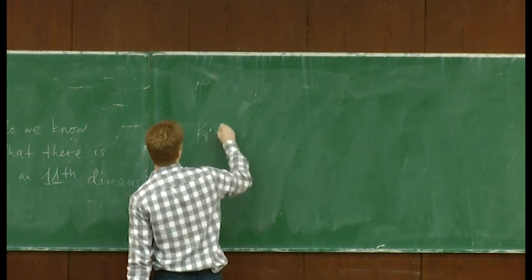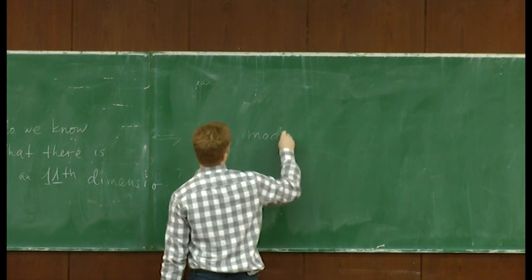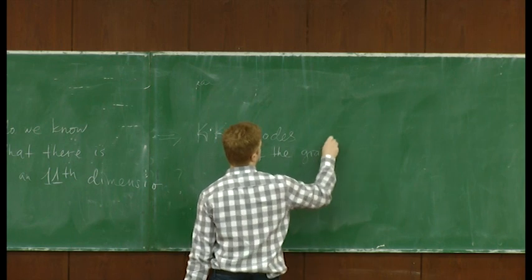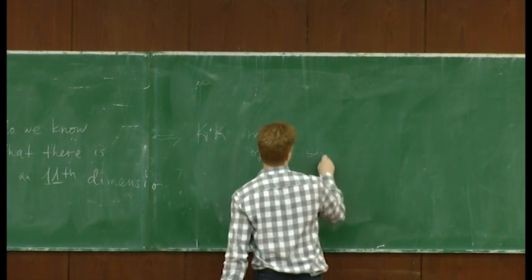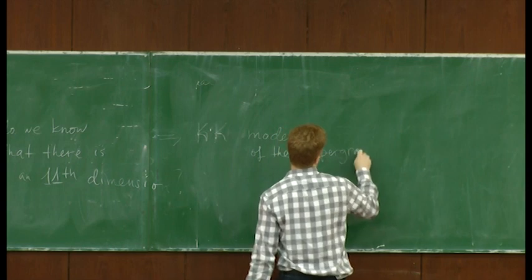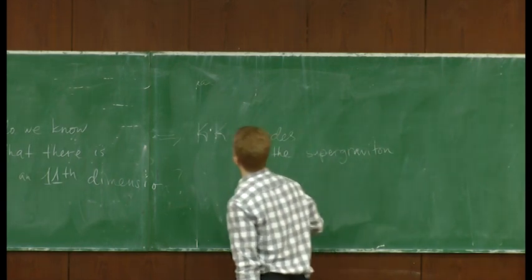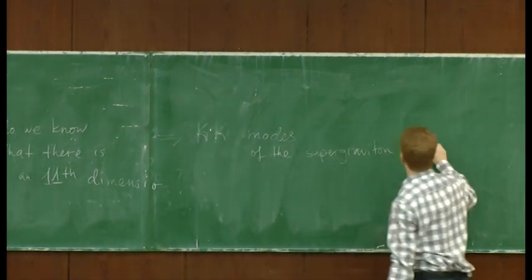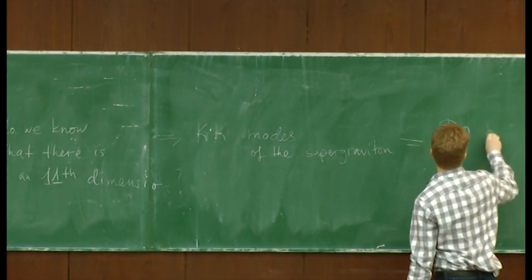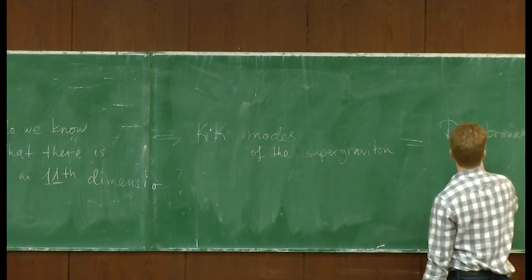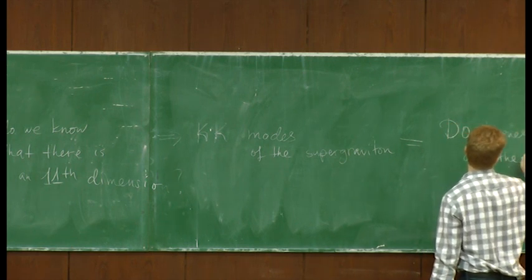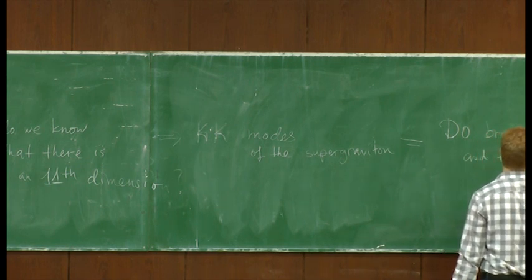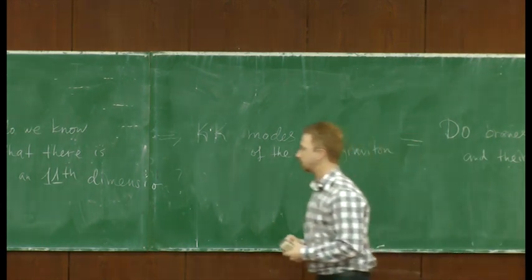So there are Kaluza-Klein modes of the graviton, of the supergraviton, which are D0 branes and their bound states, and anti-branes as well.